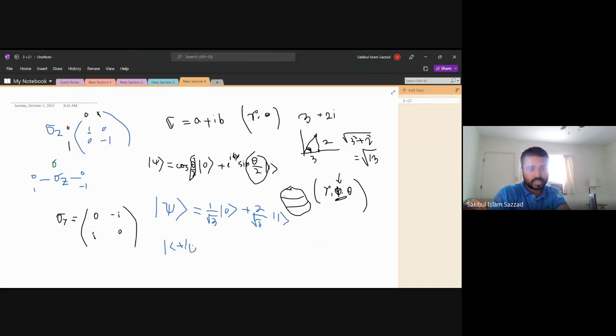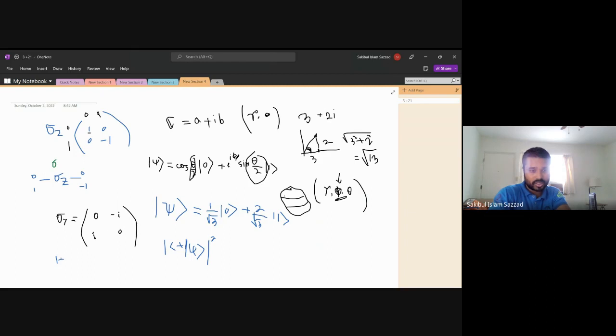This is bra plus, and this is ket psi. I'm not sure if I have shown you the state for plus, but it looks like this.